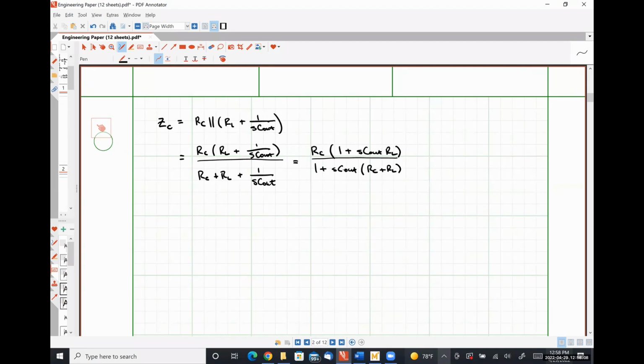So we have the same thing as a zero and a pole, so they literally just cancel each other out, which is why we're going to wind up having 6 different pole frequencies and 6 zeros, but it's going to look like a second order circuit because so many things cancel each other out. Or we wind up having so many poles very close to so many zeros. Okay. So here's ZC.